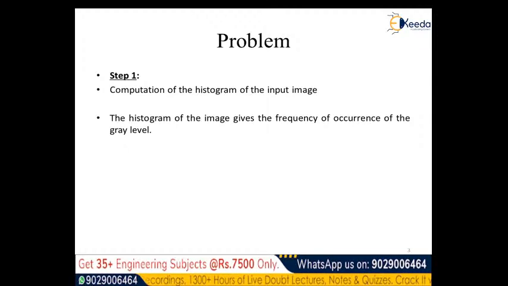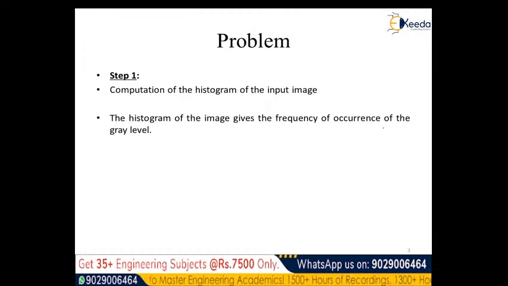So how many times a certain gray level or pixel intensity occurs in the image plane should be counted, and that count gives the frequency of occurrence for that gray level. When we plot it, it is nothing but the histogram of the given image.